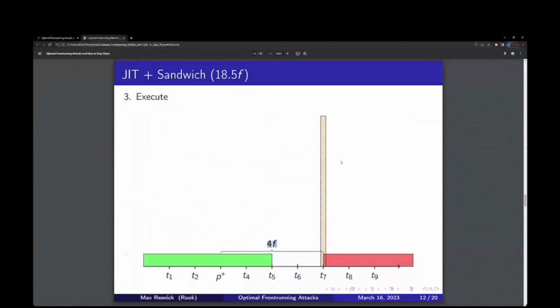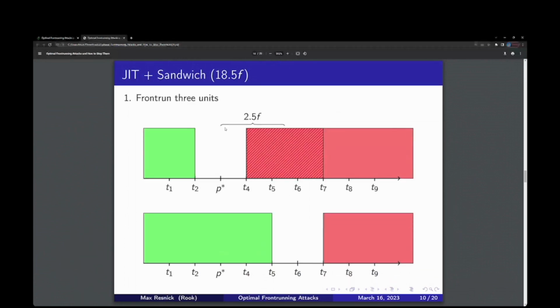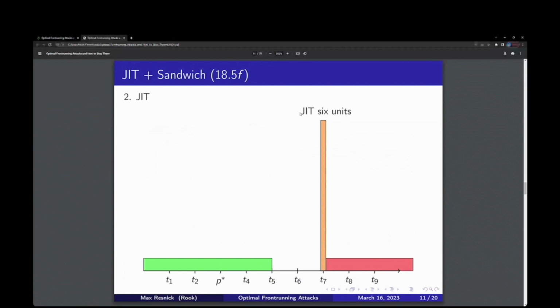That's what we got from our just-in-time liquidity, right? So that's 6 times 4, which is 24. Only we had to subtract the cost of our front run here. We're actually losing money on this front run. 3 times 2.5 is 7.5. So we have 24 minus 7.5 plus 2, which is 18.5. So that's our JIT plus sandwich.